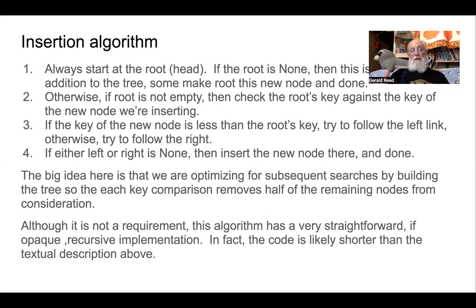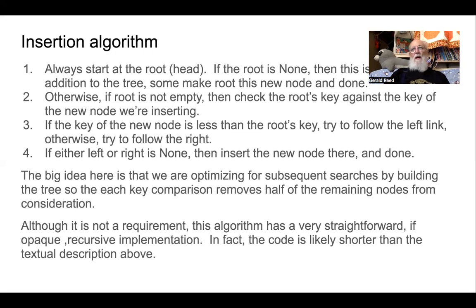The algorithm to do this sounds kind of complicated step by step, but is actually very straightforward, and there's a recursive implementation, which I will tell you is not necessarily easy to understand, but is extremely short. It's elegant in the computer science sense of elegant, although it may have you banging your head against the desk.